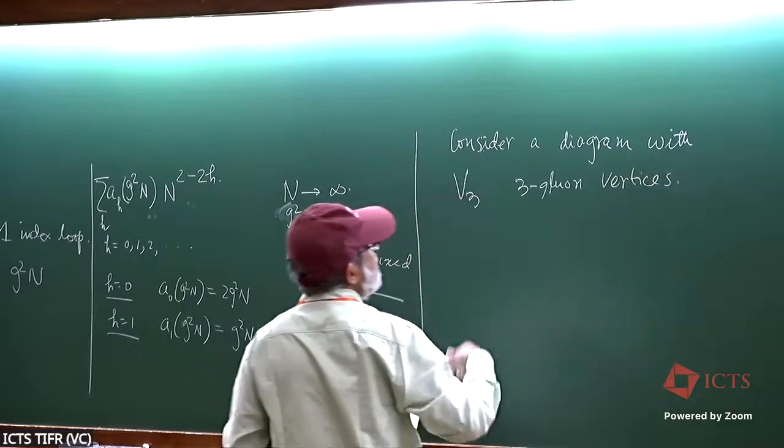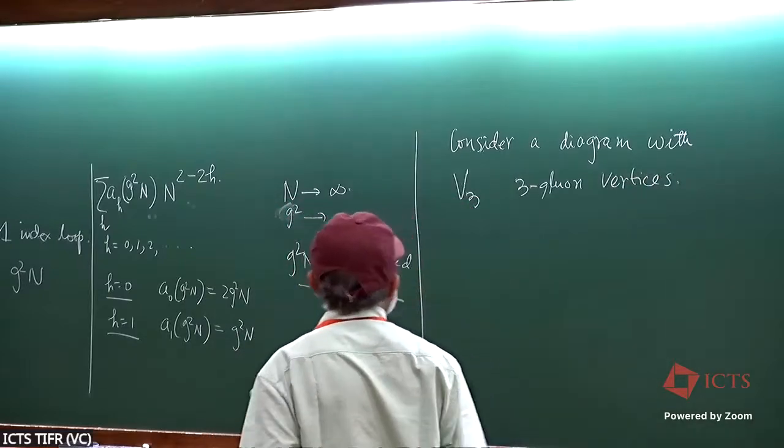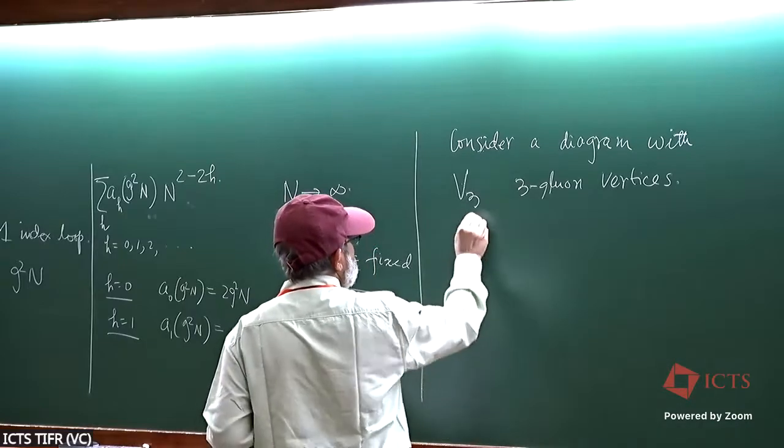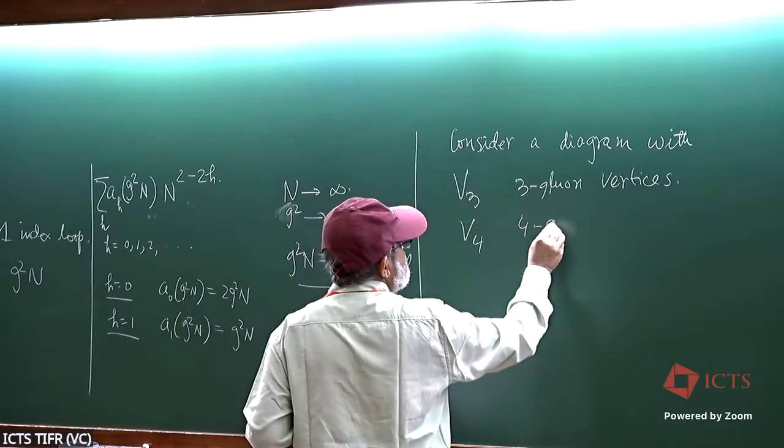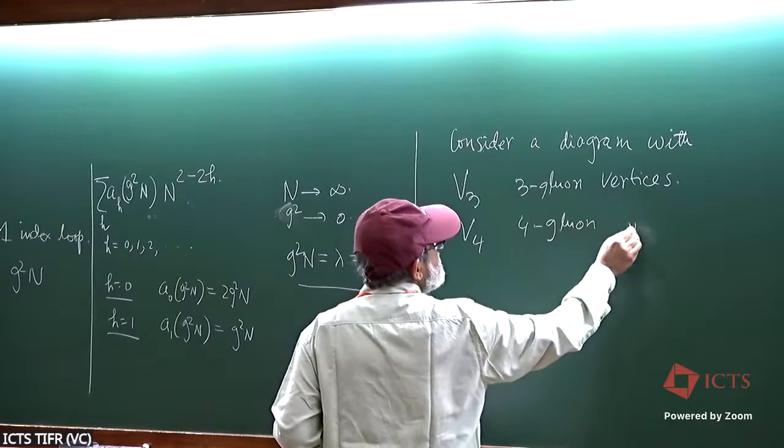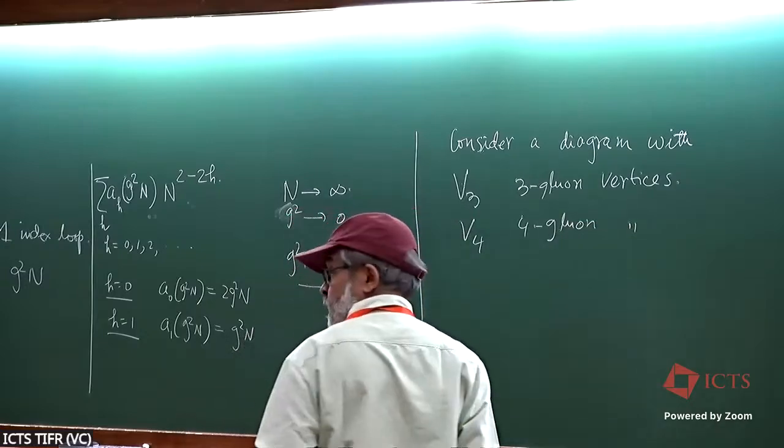The number of 3 gluon vertices in that graph will be V3, and V4 is the number of 4 gluon vertices.